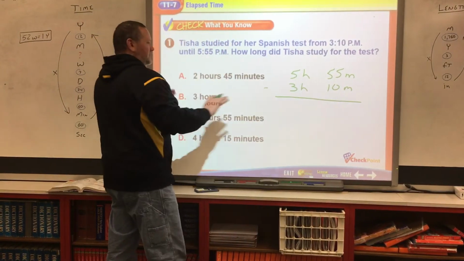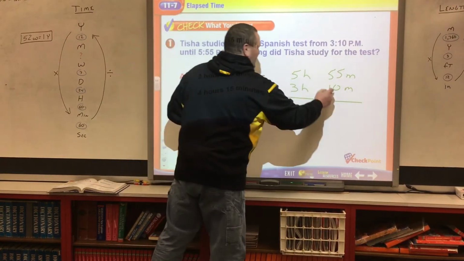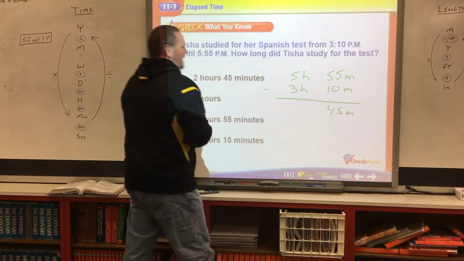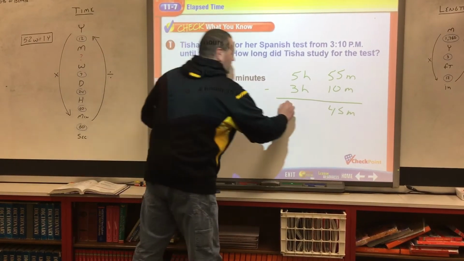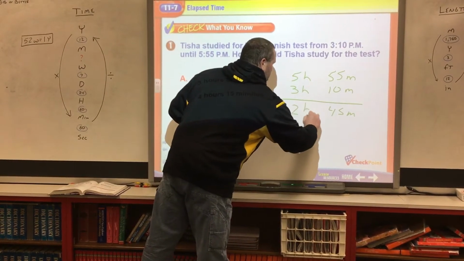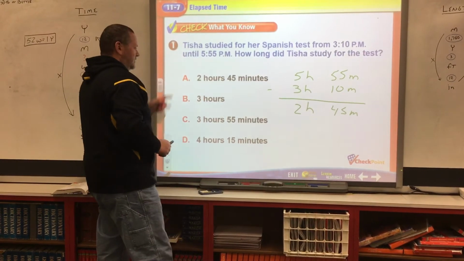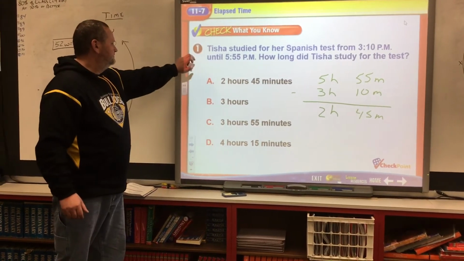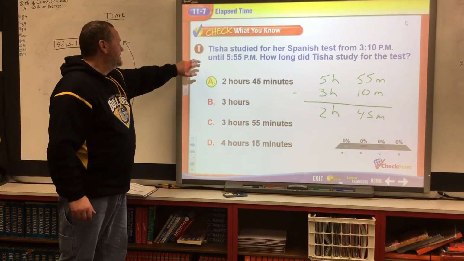We subtract, keeping them separate. 55 minus 10 is 45 minutes. And 5 hours minus 3 hours is 2. So it should be 2 hours, 45 minutes. Lucky guess.